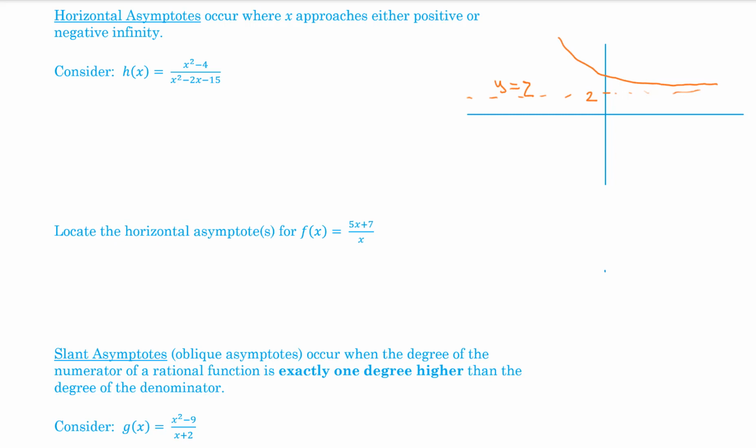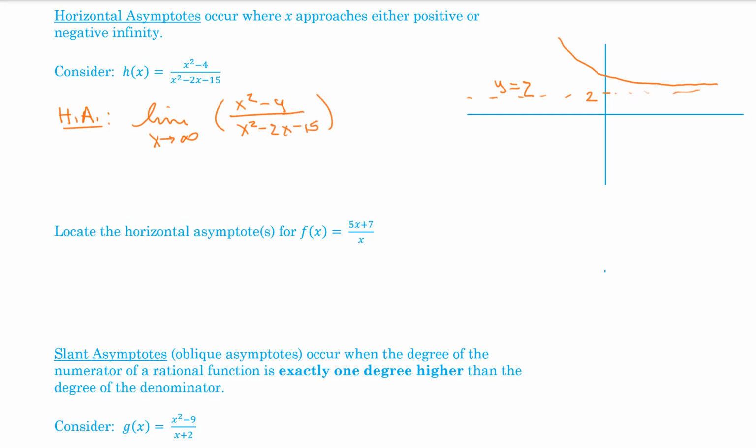The way that you get a horizontal asymptote is by applying the limit as x goes to infinity or as x goes to negative infinity. So to get a horizontal asymptote here, if they exist, they don't have to exist, we're going to do this limit as x goes to infinity of our x squared minus 4 over our x squared minus 2x minus 15.